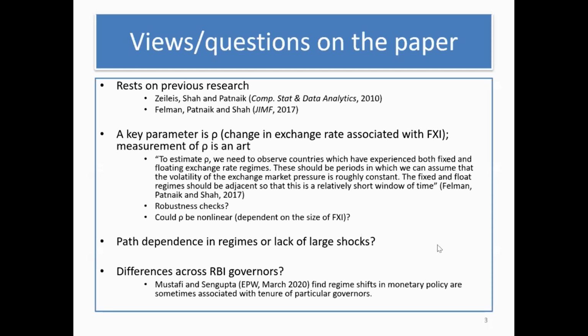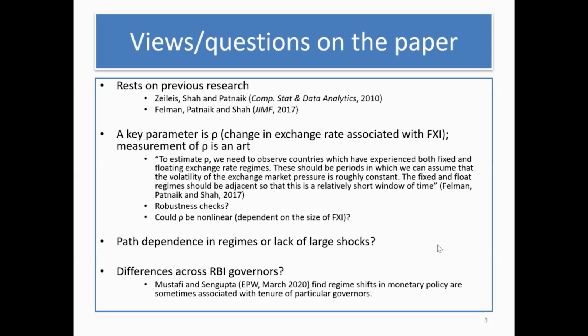So you can't have too long a window of time or a break in between. So this, I think, makes it quite a delicate task. And I would have liked to see more acknowledgement of that in the paper and some robustness checks to convince us that these 4 regimes are indeed the ones that we should be focusing on.